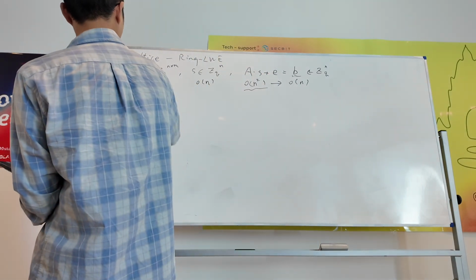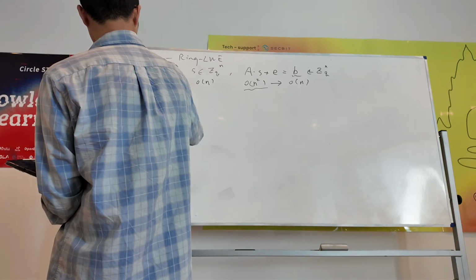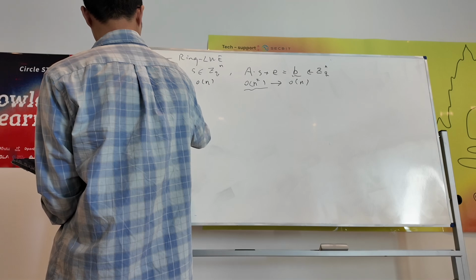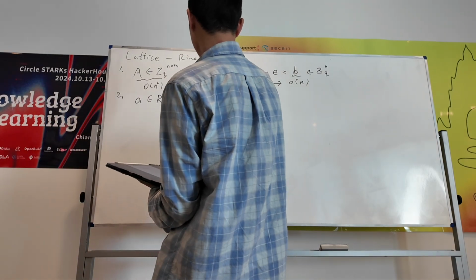Well, in ring LWE, A is a public ring element in R_q, and S is also an element in ring R_q.